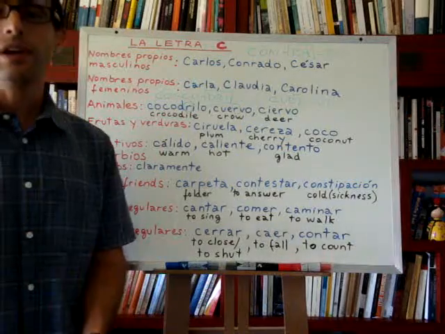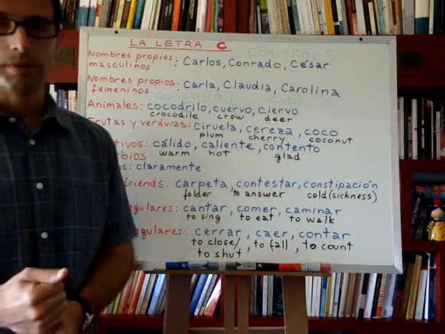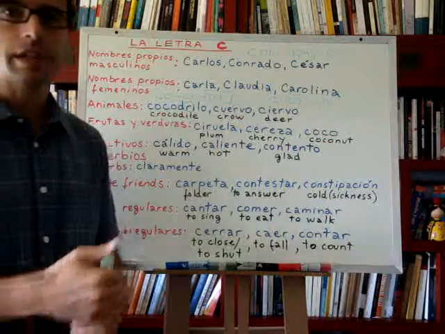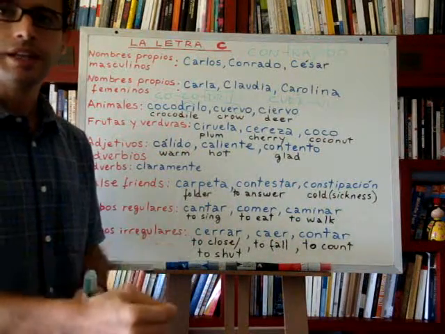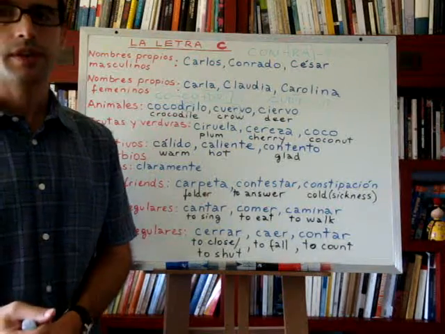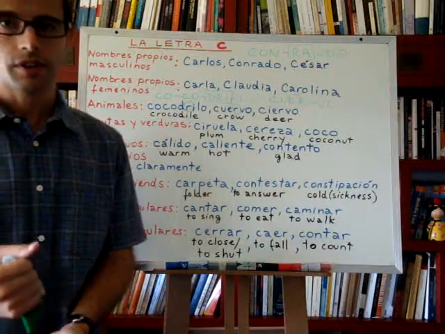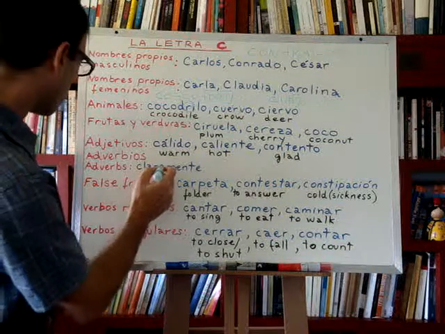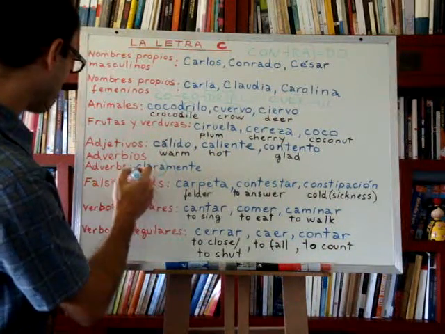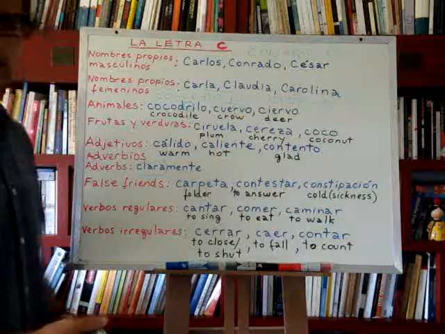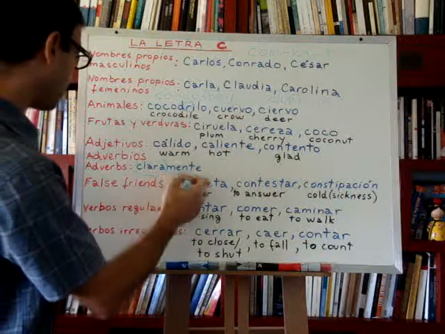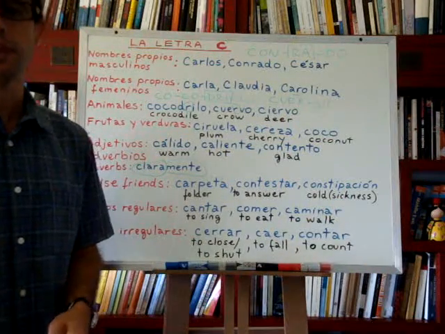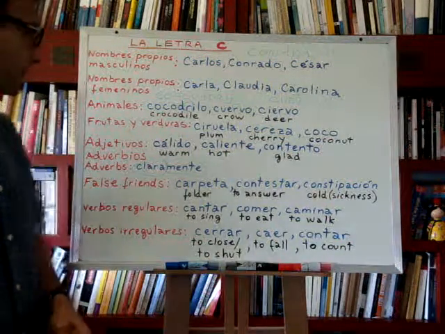Same as clearly is formed by the adjective clear and the ending ly that identifies the adverbs in English. In Spanish, claramente is formed by the adjective clara, which means clear, and the ending mente, as in English we have the ending ly, clearly, faithfully, okay?